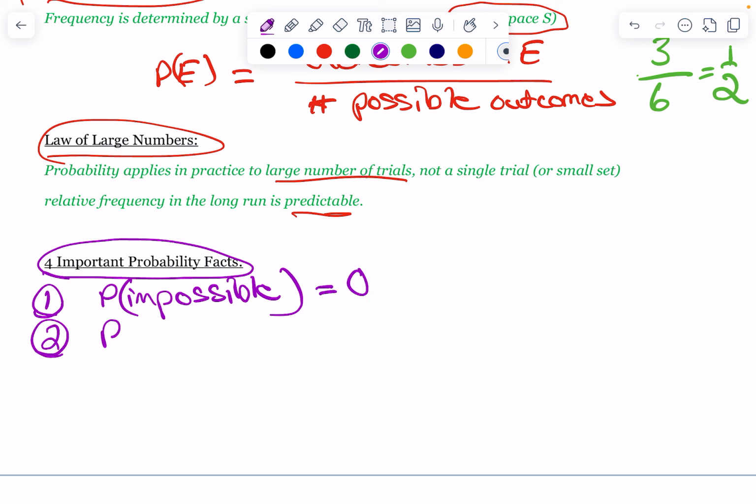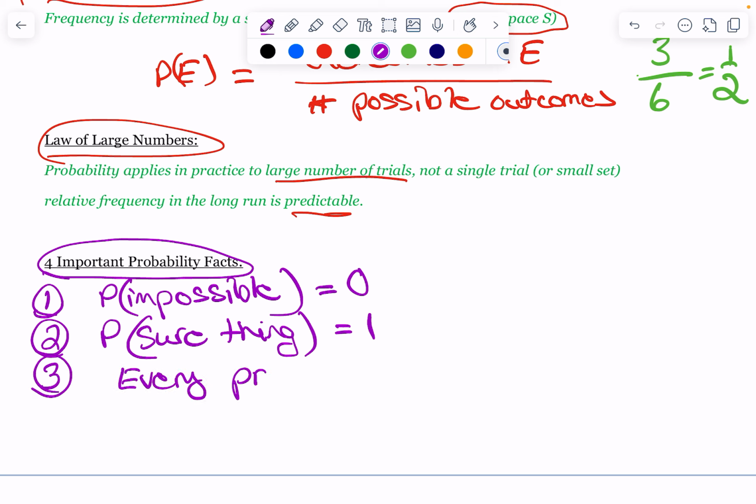Second is the probability of a sure thing, so we know that it is for sure going to happen. That is 1. And third, every probability is between 0 and 1 always. We cannot have negatives and we can't go over 1.